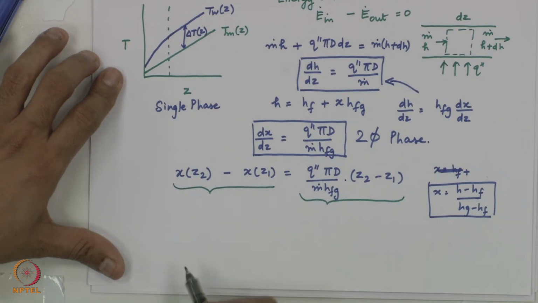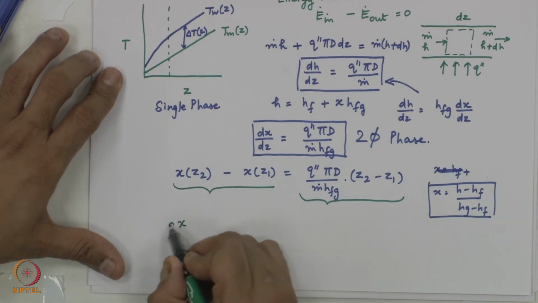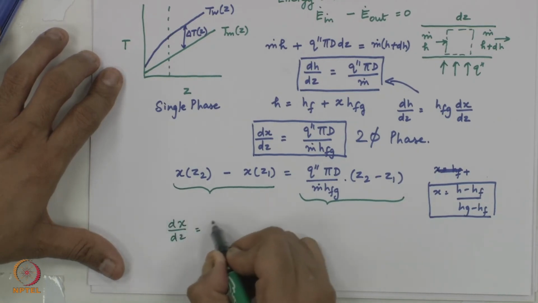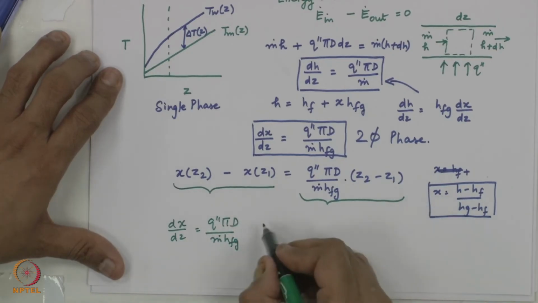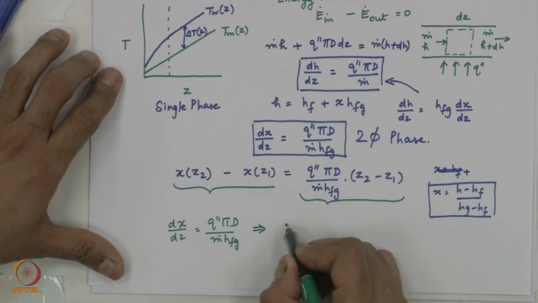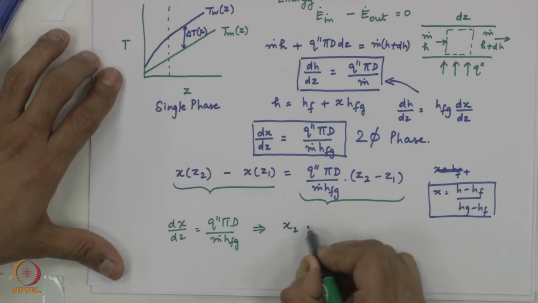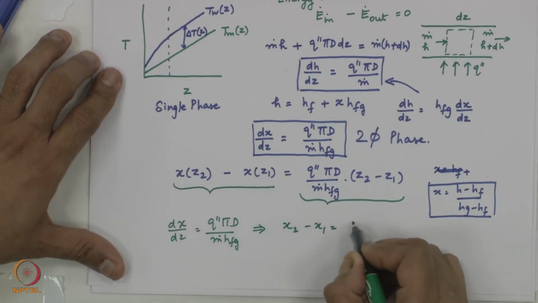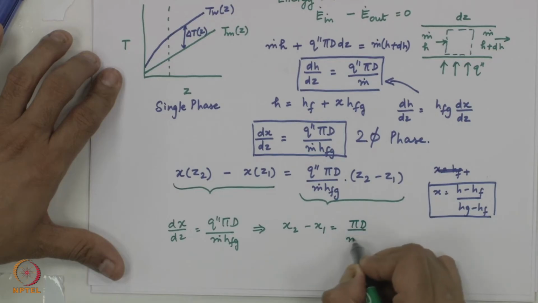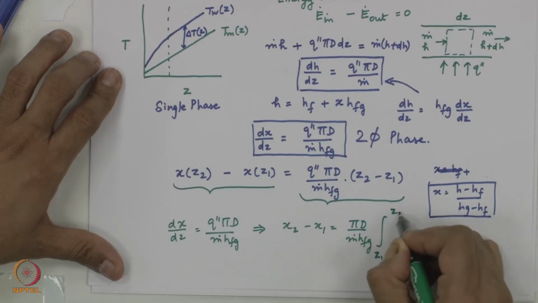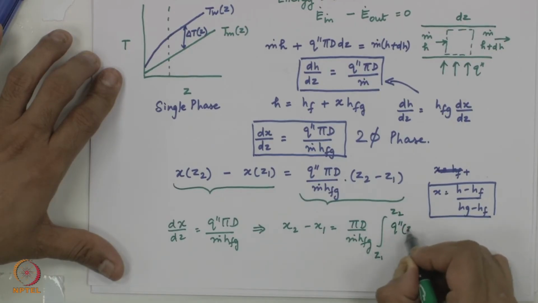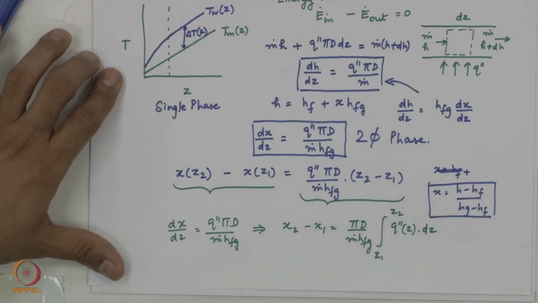If there is a variable wall heat flux, then dx by dz is equal to q double prime pi d by m dot hfg, and we have to keep the q double prime inside the integral. So, x2 minus x1 is pi d by m dot hfg times the integral from z1 to z2 of q double prime, which is a function of z, dz.